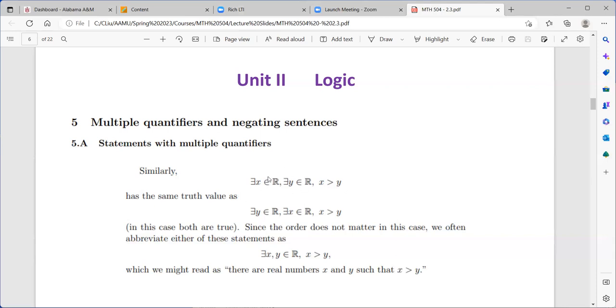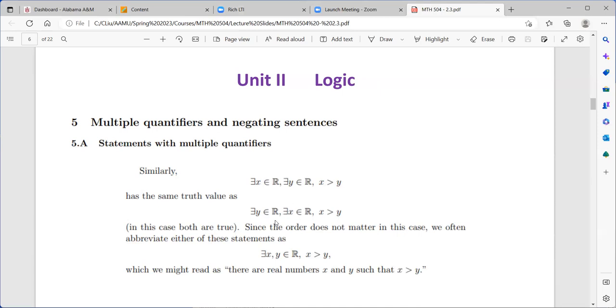Or if you switch the order of x and y with the existential quantifier, then you would say there exists some y in R and there exists some x in R for which x is greater than y. And again, this order doesn't matter.